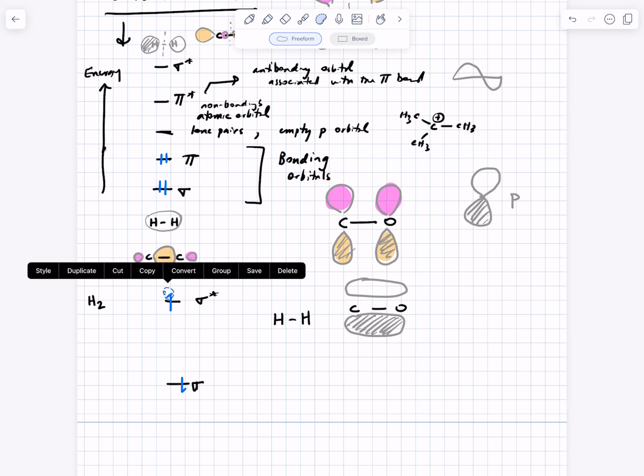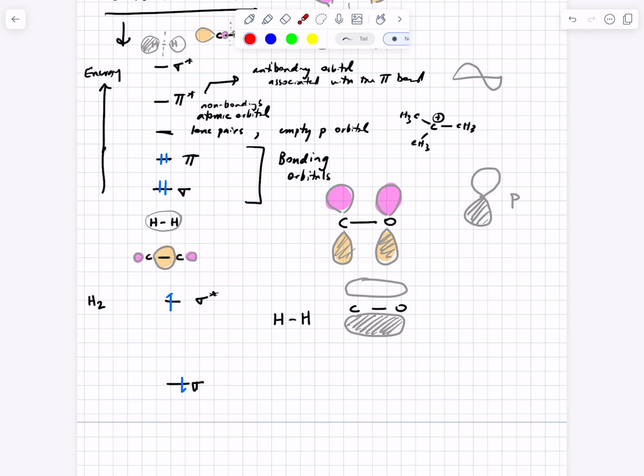I cancel out the energetic benefit of the bond. The bond is the fact that 2 electrons that used to be much higher in energy, one of the things I haven't shown you here is basically the level of what an electron in an isolated 1s orbital would be. The whole point of a bond is the electrons get to be lower in energy than they would have been on an isolated atom. You cancel that out completely by promoting an electron to an antibonding orbital, and so the bond breaks.